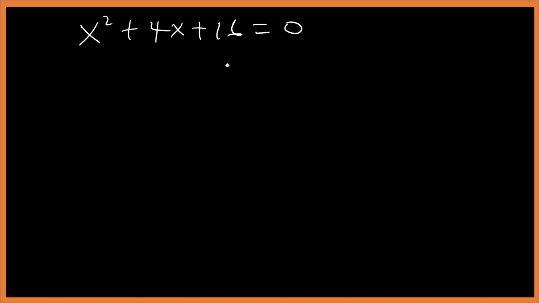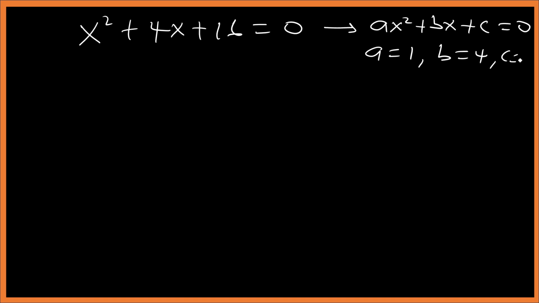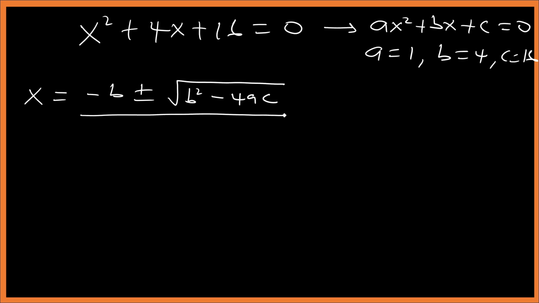Okay, so let's use the almighty formula. Now, if I compare this one with the general quadratic equation, ax squared plus bx plus c equal to 0, a is 1, b is 4, and c is 16. So we have x equals minus b plus or minus square root of b squared minus 4ac over 2a.